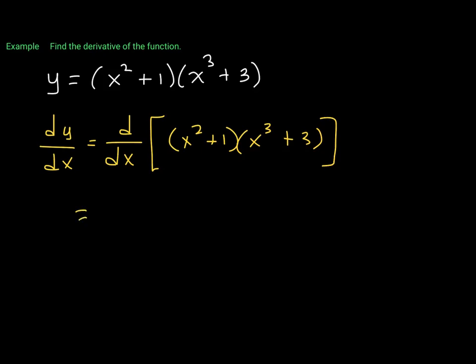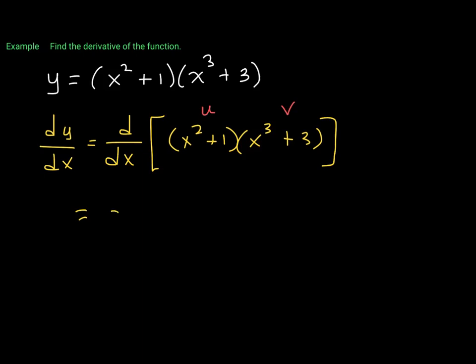So then it'll be, remember, in the definition, x squared plus 1 is like your u, the first function, and then x cubed plus 3 is like your v. Or if you prefer, this is like your f, and then the second one is like your function g. All right, so let's do it.